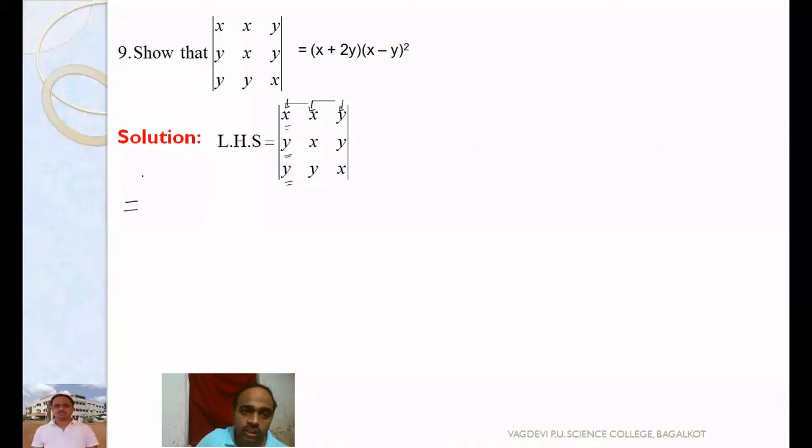So R1 changes to R1 plus R2 plus R3. What do I get? This is x plus y plus y, so it will be x plus 2y. Correct?